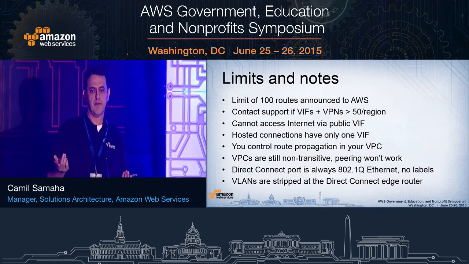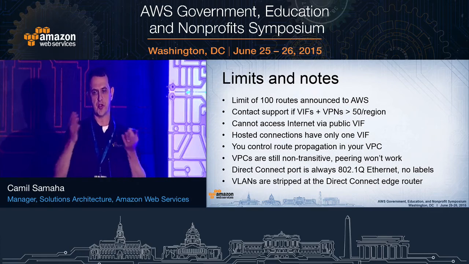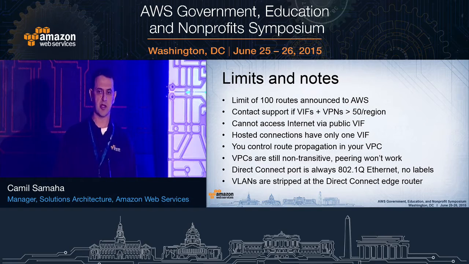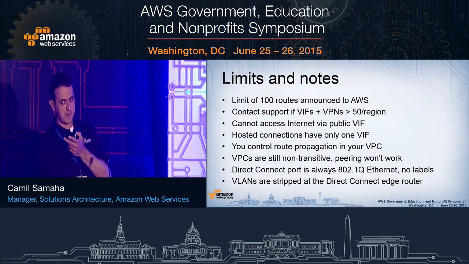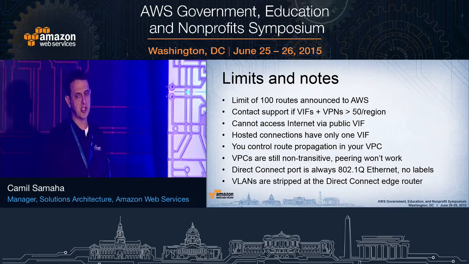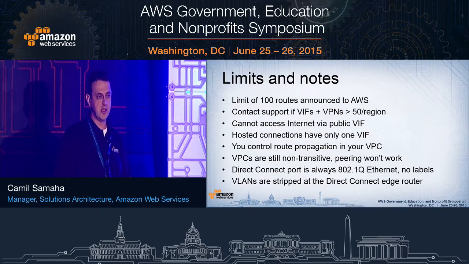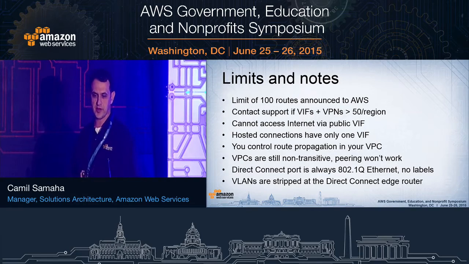If you really need to advertise that many routes, you can aggregate them and advertise a smaller number of routes. That usually does not come into play in a vast majority of use cases. Now, another one you need to be aware of is if you have, in combination of virtual interfaces as well as VPN connections, more than 50, you need to make sure you contact AWS support so that they can increase that limit. And you don't sit there scratching your head, saying, why can't I establish another VPN connection or another virtual interface? Okay?